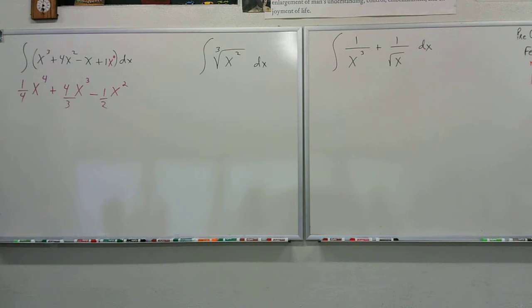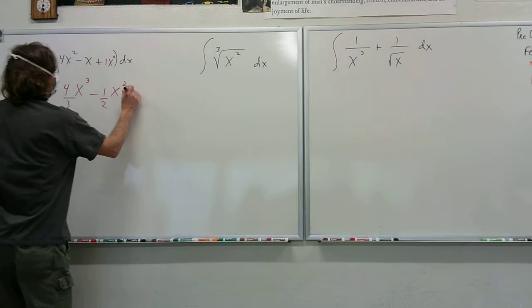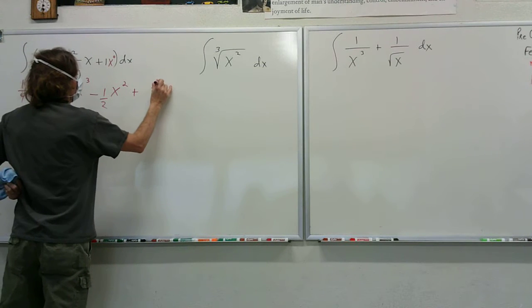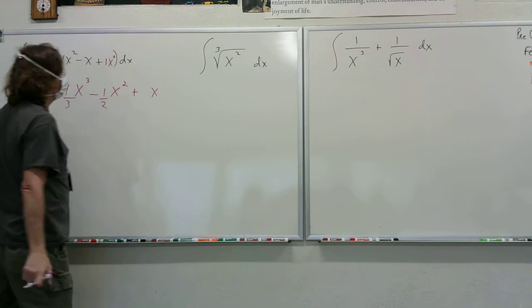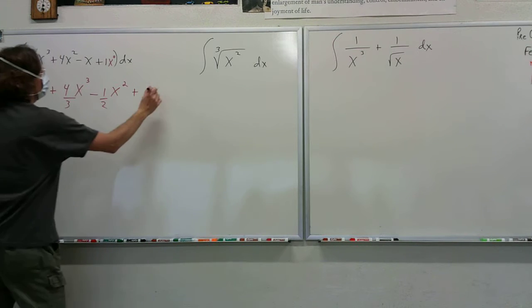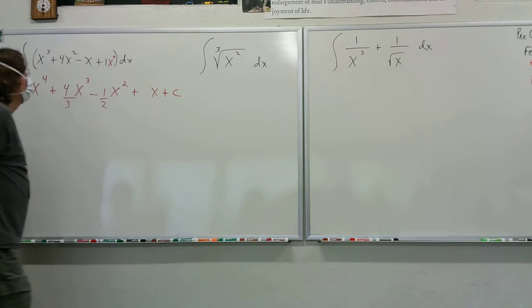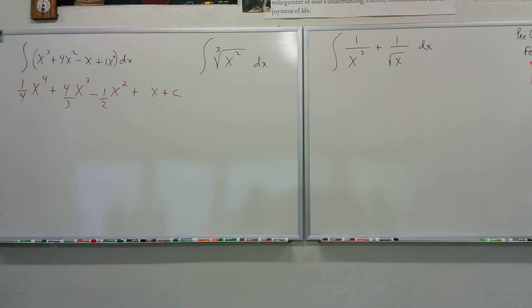What happens when you add 1 to that 0? You get x to the first, and there's no reason to put a reciprocal of 1 out front. And then your plus c. And that, folks, is a nice little basic, get you started integral.